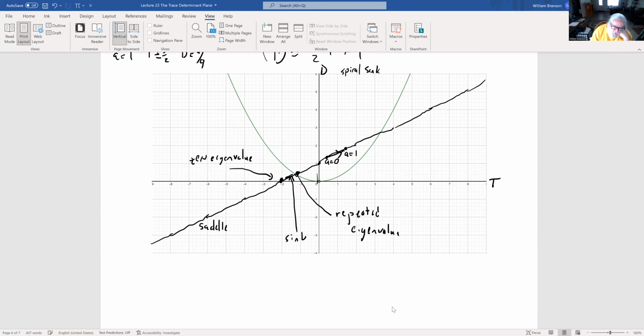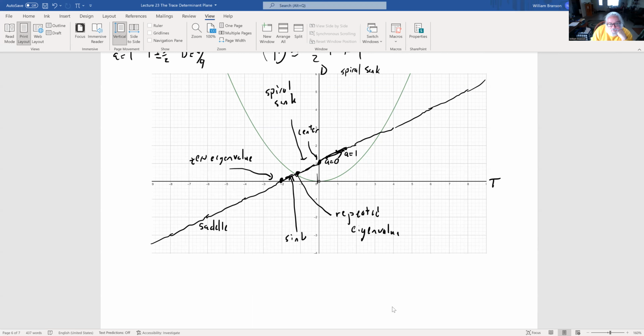The part from here to here, this part in here, this is a spiral sink. This point here is a center, because that's where you have a purely complex eigenvalue.